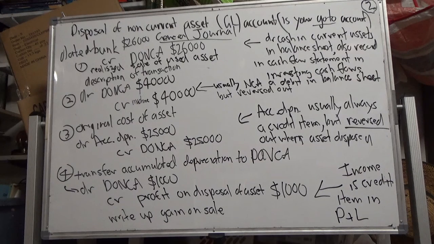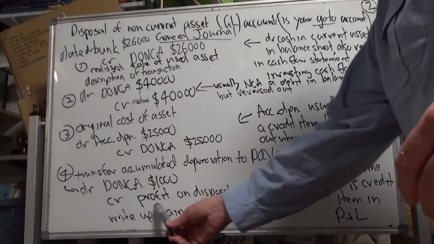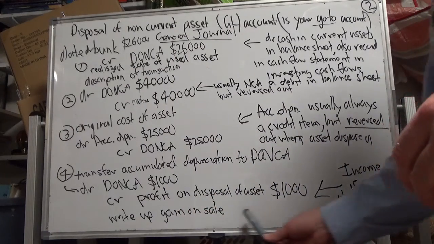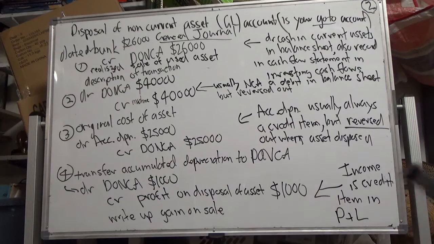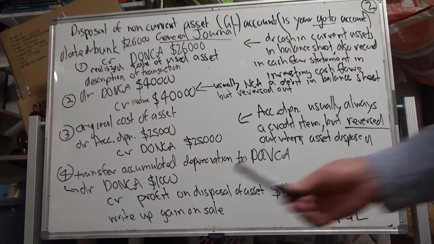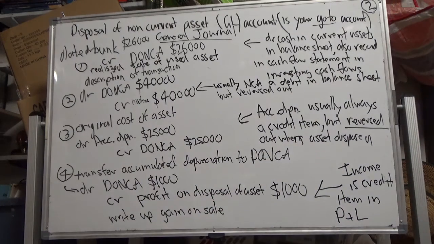So DONCA's your go-to account, and the description is profit on disposal of asset, $1,000. And also that's got to be put into the profit and loss statement. A lot of these items do. And that goes in, as we mentioned, non-operating profit on the P&L. So I think that covers that whiteboard.